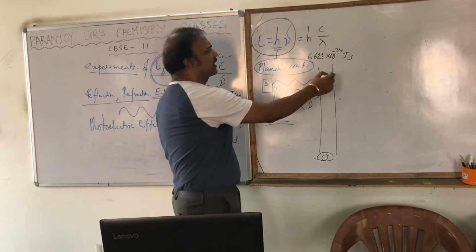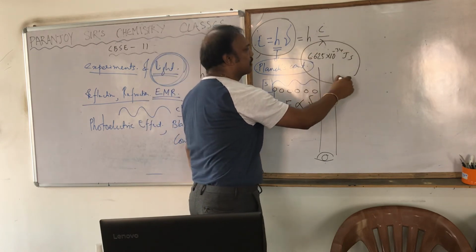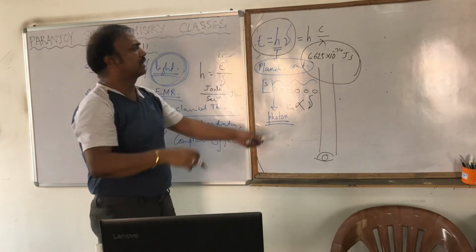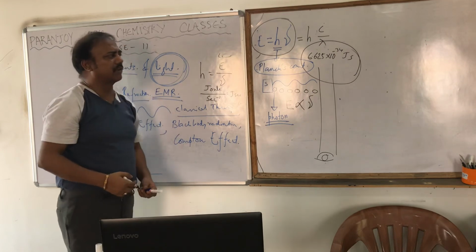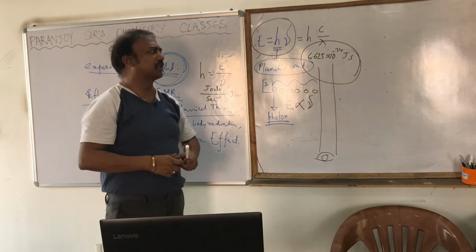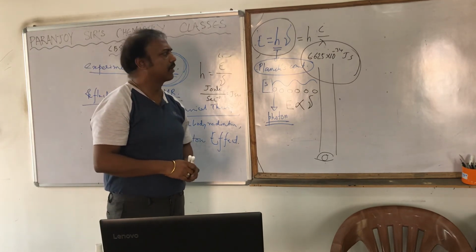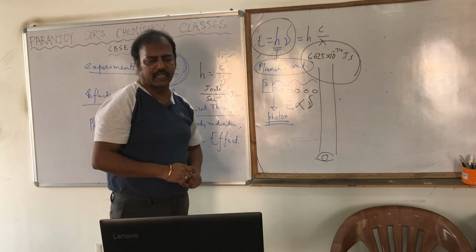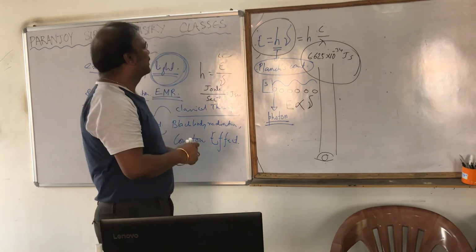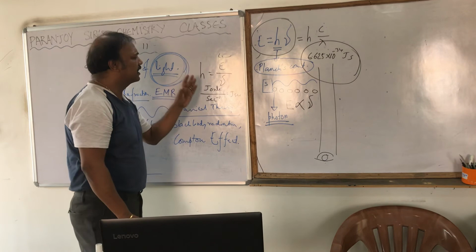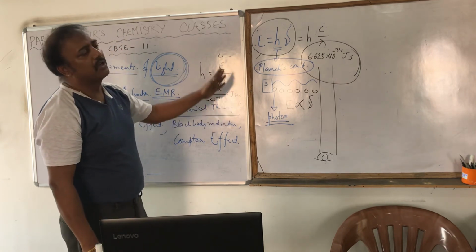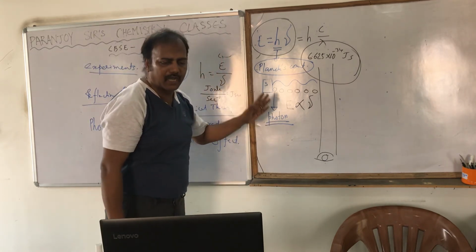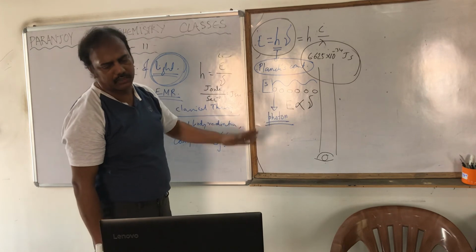And the value of this, as I told you, you must know because we are going to use this a lot. That h, this Planck's constant, is equal to 6.625 into 10 to the power minus 34 joule second. Okay. Now this particular concept, we call it the particle nature of electromagnetic radiation.